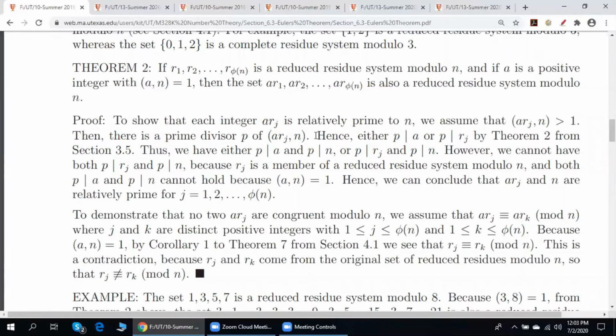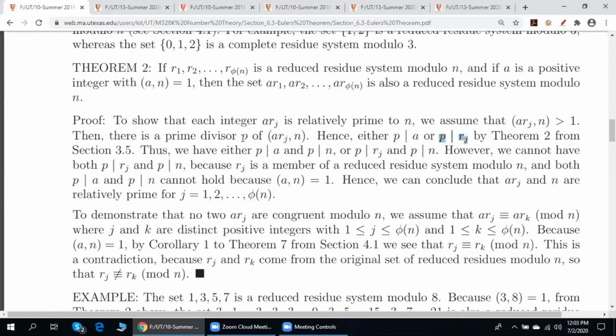Here is what we have. Since the greatest common divisor divides this, and p divides the greatest common divisor, again by transitivity, p divides n. So either p divides n and p divides a, which is over here, or p divides n and p divides rj, which is over here.